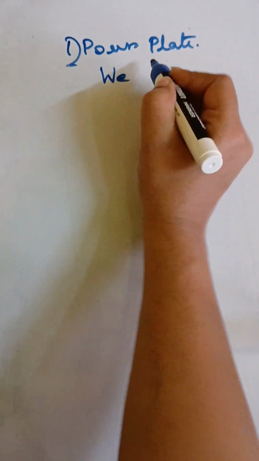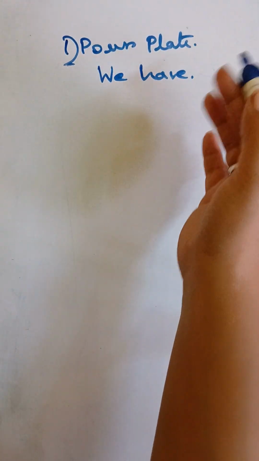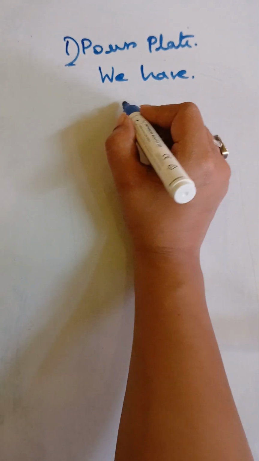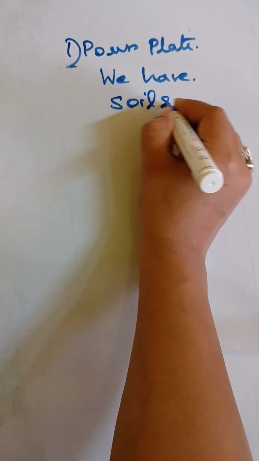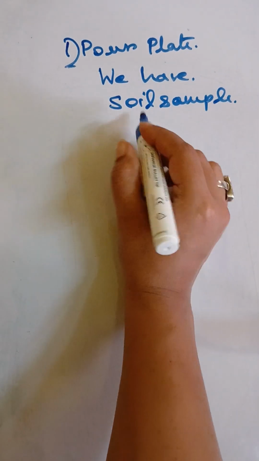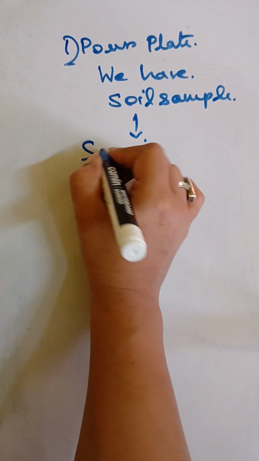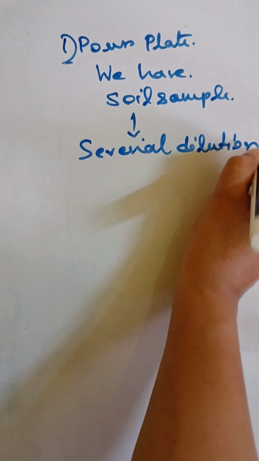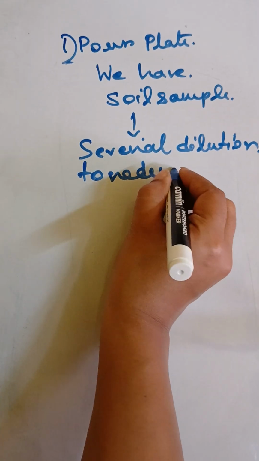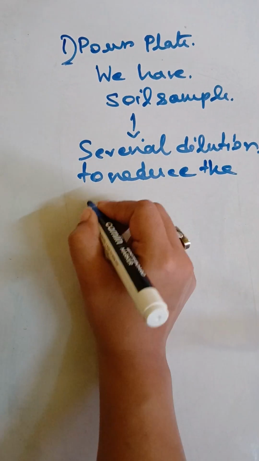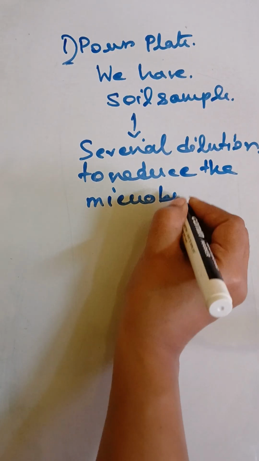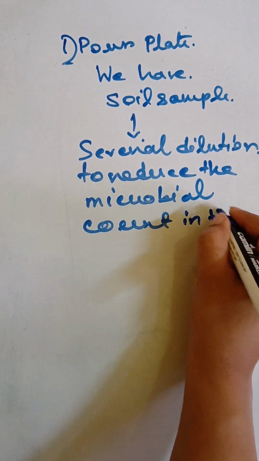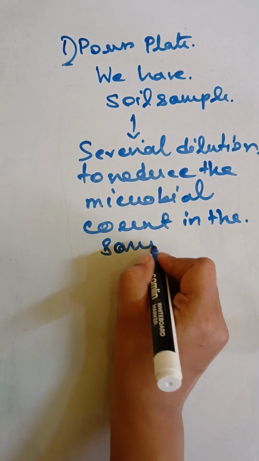we have to collect, suppose we want to isolate bacterial samples from the soil. So we have to collect the soil sample first and make several dilutions to reduce the microbial count in the sample.